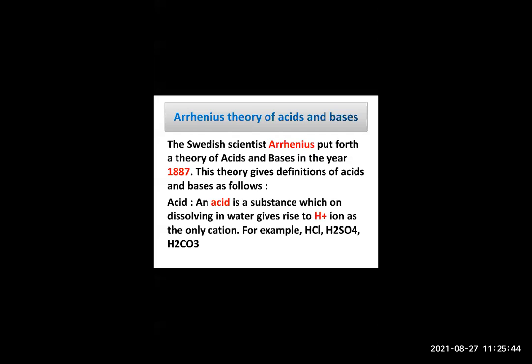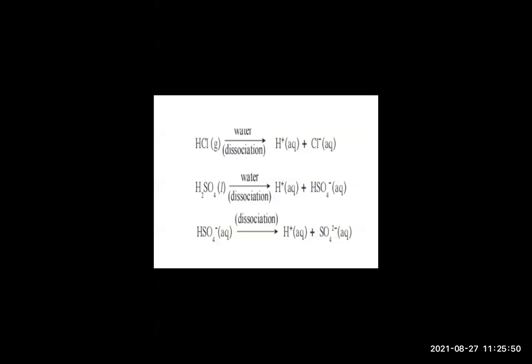Now, when you dissolve an acid in water, for example HCl, as you can look here, what is the reaction? HCl will give H+ (aq) and Cl- (aq). Just now I told you what aqueous is. Aqueous means after dissolving, we call it an aqueous solution, and we have to write the symbol aq there.